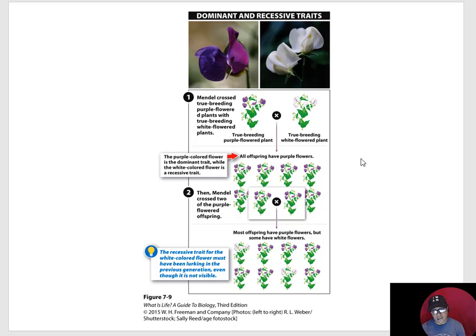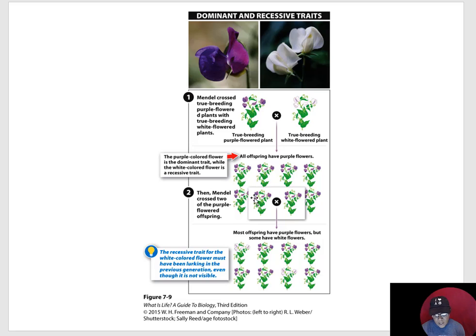That is the dominant and recessive traits actually being phenotypically expressed. So the recessive trait for the white colored flower must have been lurking somewhere in the previous generations, even though it was not visible. So when he bred this true breeding purple flower plant with the true breeding white flower plant, he saw that the second generation, they all had purple flowers.